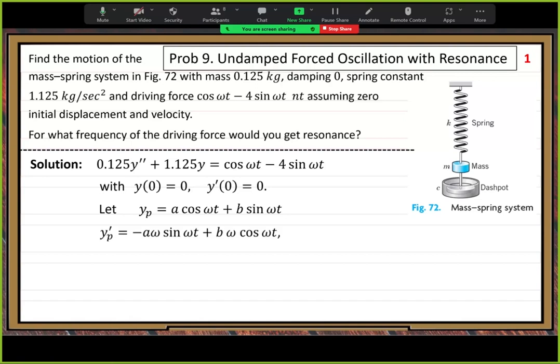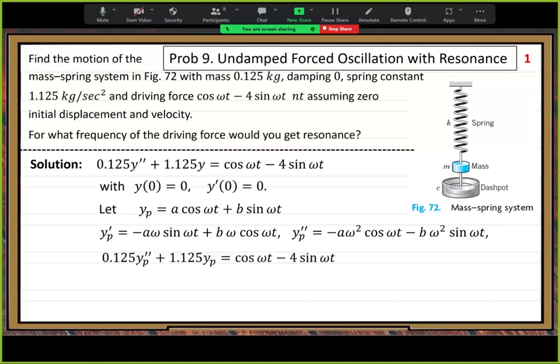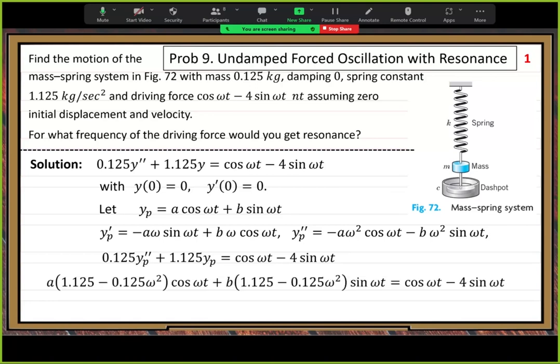Let's take the derivative. Yp prime, easy to calculate. Yp double prime, that one. Then let's go back to the original equation and compare coefficients.